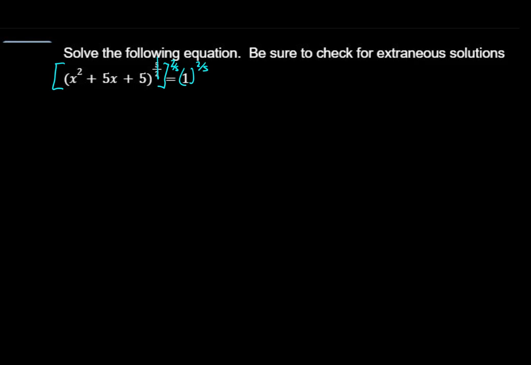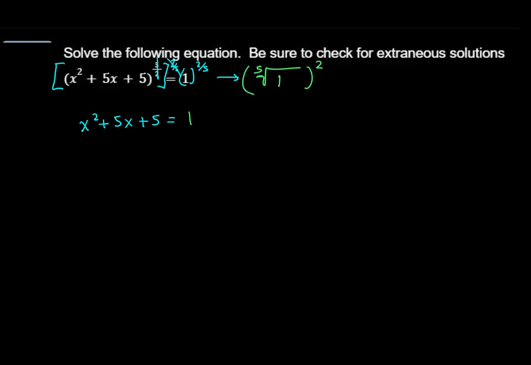the 5/2 and 2/5 will cancel, leaving me with x squared plus 5x plus 5 equal to 1 to the 2/5. Now remember what this actually means is the 5th root of 1 to the 2nd power, which is still 1 because 1 to any power is 1.